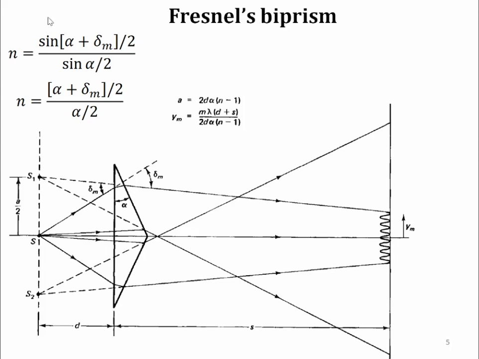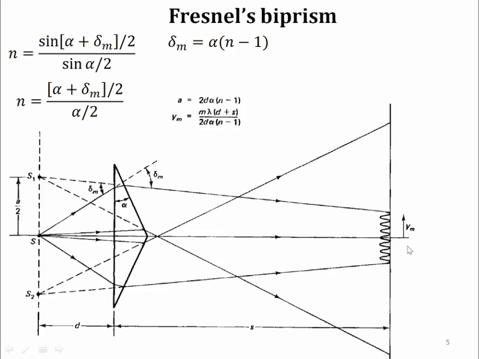So sine of theta is almost equal to theta, for theta being small. So we can say the refractive index is just this one in that case, for the special arrangement made in the Fresnel biprism. By simplifying, 2 cancels with this 2, and rearranging we find delta m is equal to alpha into (n minus 1), where n is the refractive index of the material of the prism.